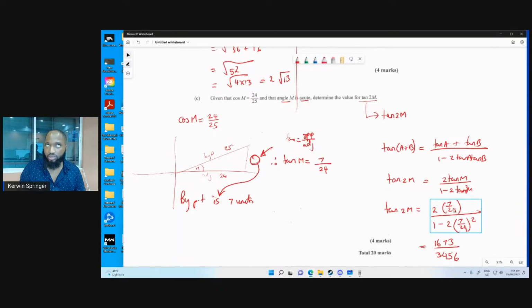I'll see what I do. I cancel this with... It's not supposed to have a 2 there. Who told me to put that 2 there?